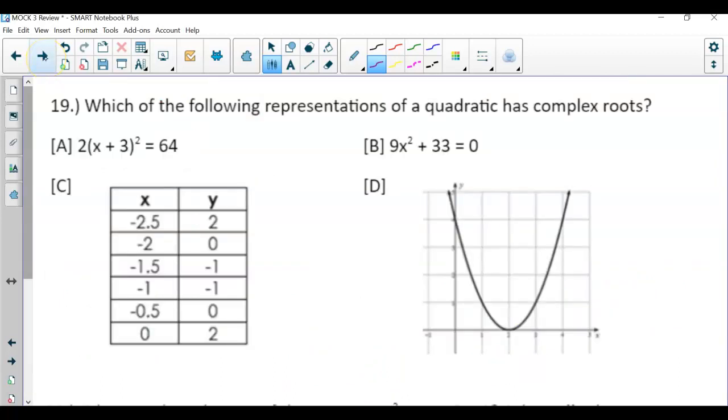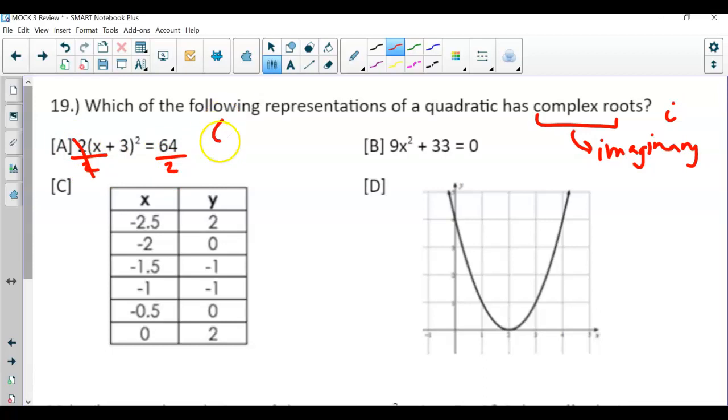Number 19, this is asking for which of the representations has complex roots. Complex, remember guys, complex numbers, so we're talking about the imaginary, not real. We're looking for imaginary. What would have i in its final answer? So for example, I notice here for A, to solve for x, I need to first divide by 2.